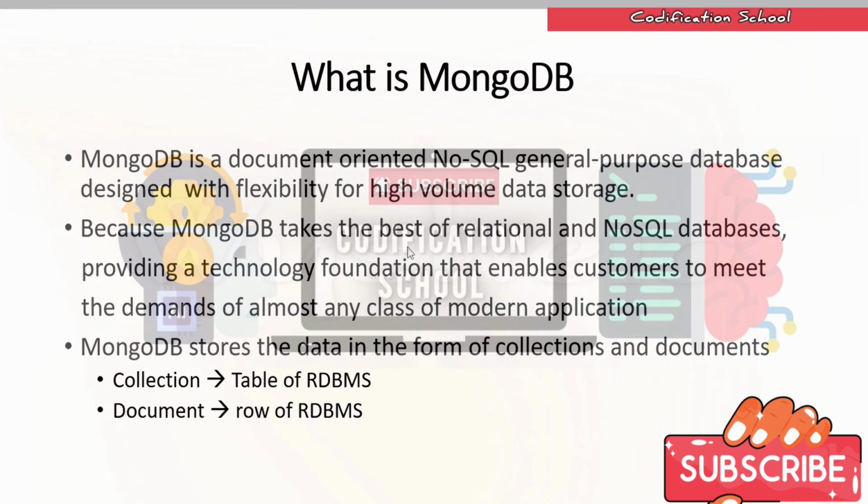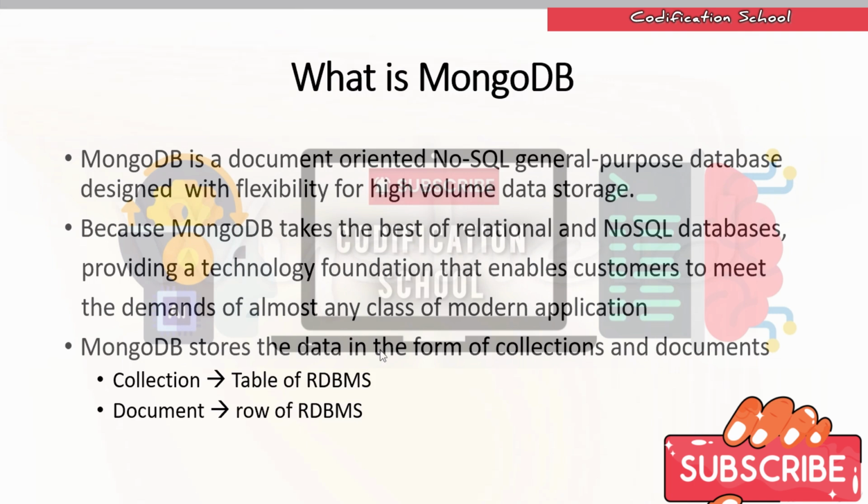MongoDB takes the best of relational databases as well as NoSQL databases. It has the good features of both. That means the customer can use MongoDB for almost all types of modern applications, whether it is an ACID or transaction-compliant database, or it stores weather forecasting data. For any kind of application you are looking at, MongoDB can be a fit.